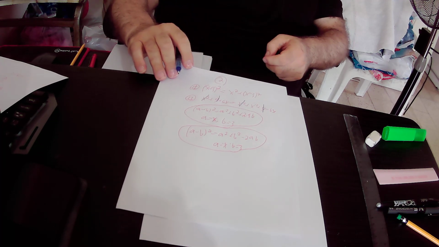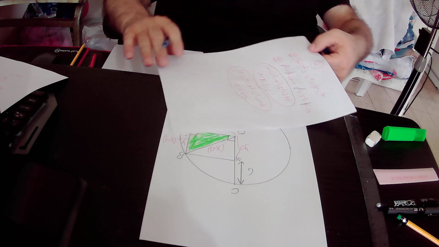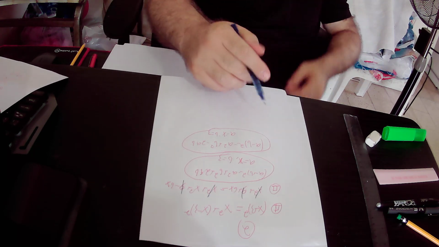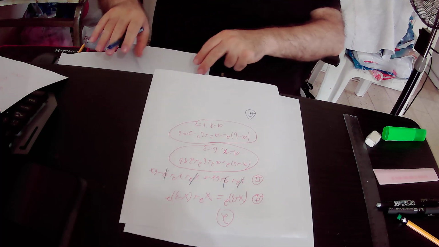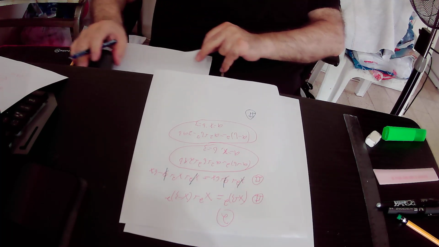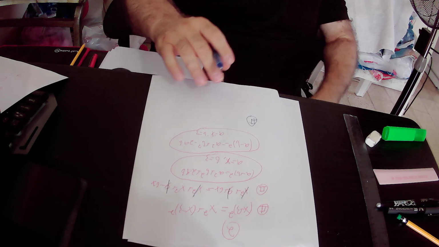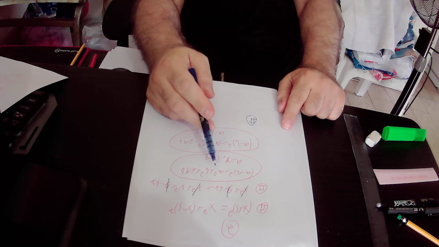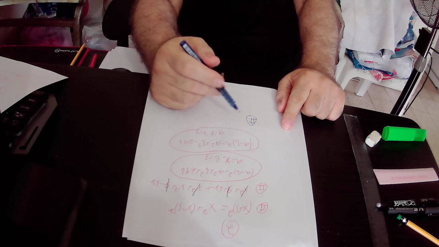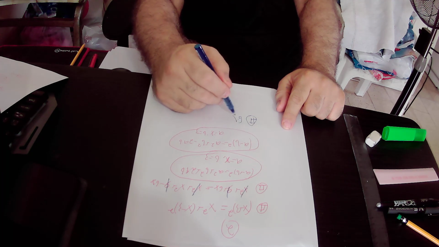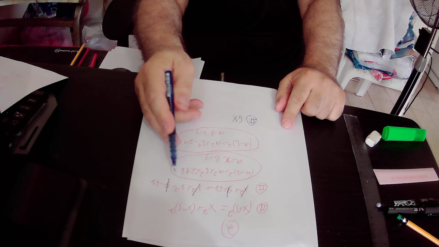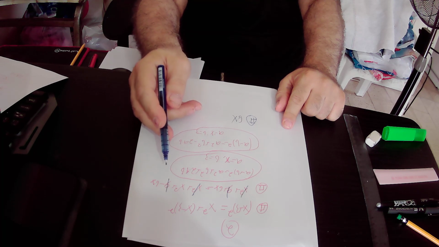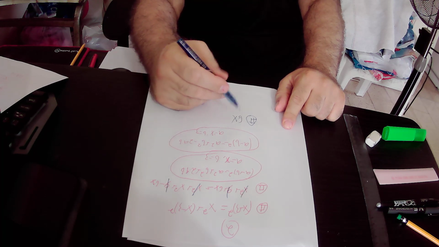So what is left from equation number 2 is, on this side of the equation, only 6x, and on this side of the equation what is left is x squared minus 6x.